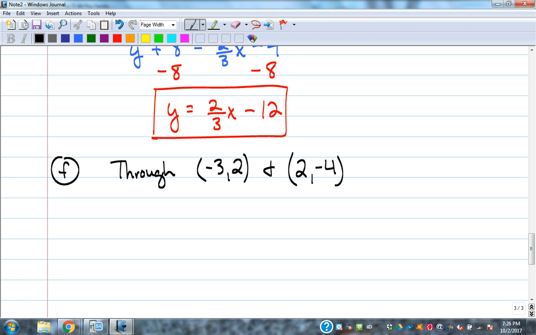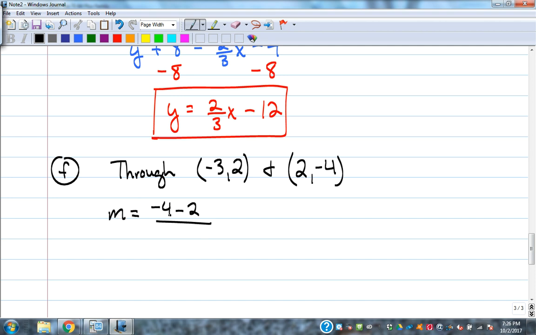No, because neither of them have a 0 in the x position. So we can't take a shortcut. We've got to go through what things we need to write the equation of the line here. We've got to have a slope first. So let's find that slope.